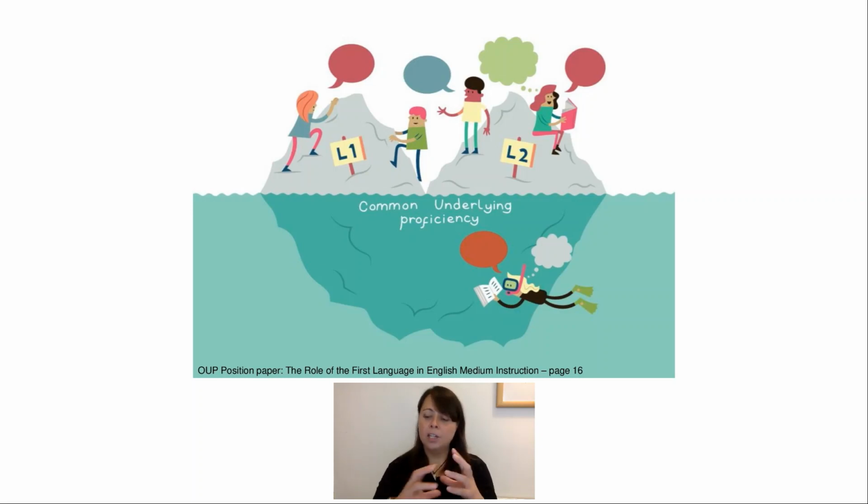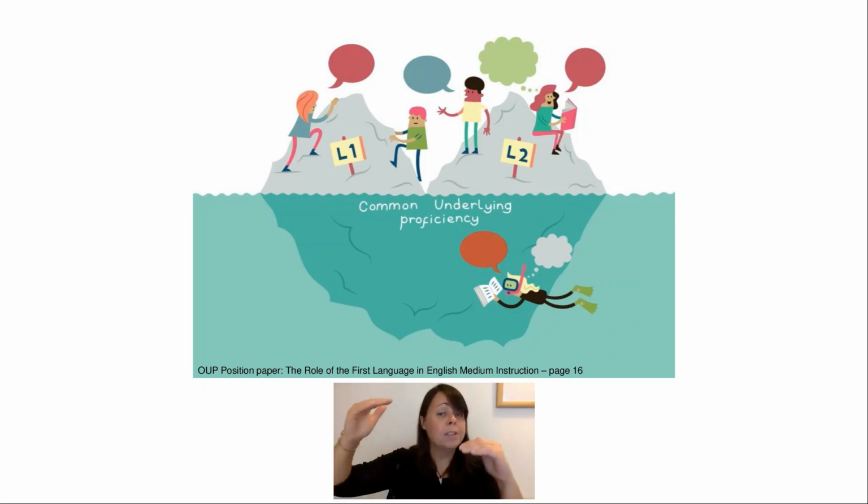And Jim Cummins developed the linguistic interdependence hypothesis, in which he stated that the skills needed to succeed in school developed in L1 will naturally be transferred to L2 once a level of proficiency is achieved. And this is called cross-linguistic transfer.